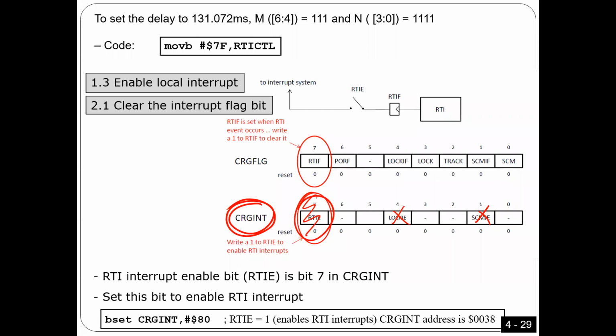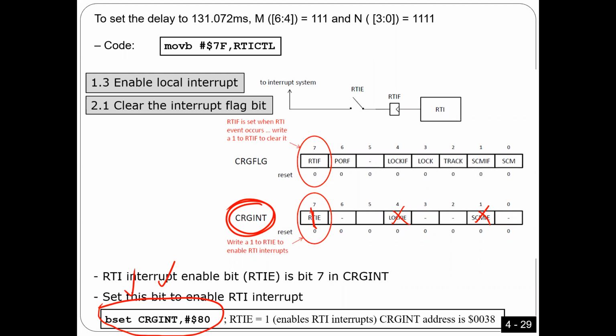If I want to enable RTI, all you have to do is put 1 here. If I want to disable RTI, I just put 0 here. That's very simple. This is the initialization that I do at the beginning of my program: I say bit set CRGINT, bit 7, in order to put 1 here to enable interrupts for RTI.